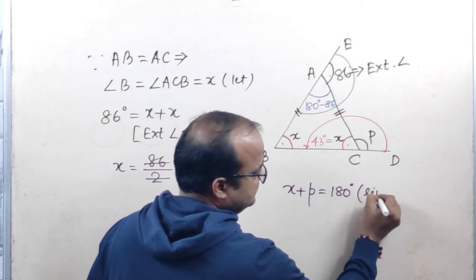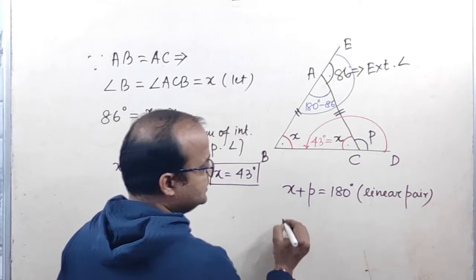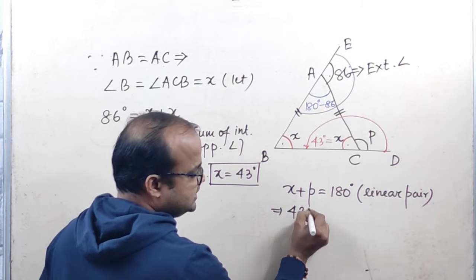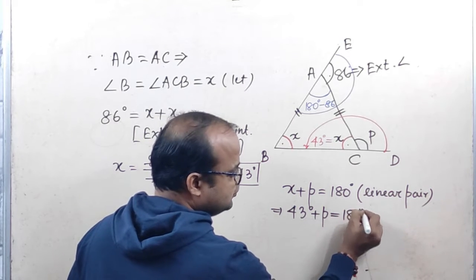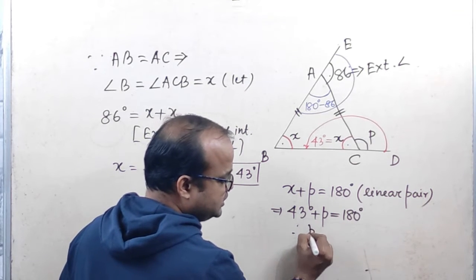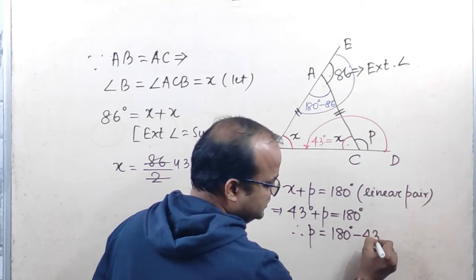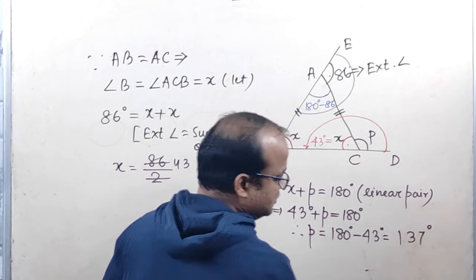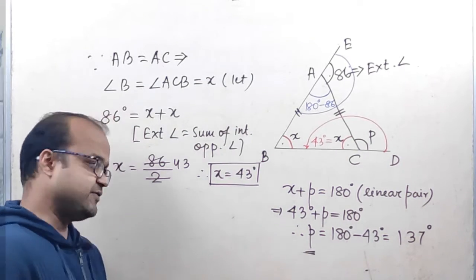Reason is linear pair. It implies, now x equals 43, so 43 degree plus P equals 180 degree, therefore P equals 180 degree minus 43 degree. So the value of P is 137 degree.